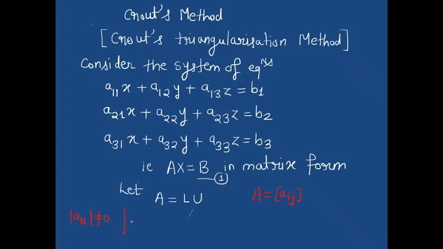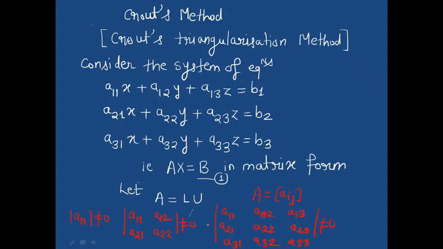Again, if I consider a principal minor of order 2, it will be A11, A12, A21, A22. This also should be non-zero. Similarly, the principal minor of order 3 will be A11, A12, A13, A21, A22, A23, and so on, and finally this one also has to be non-zero.